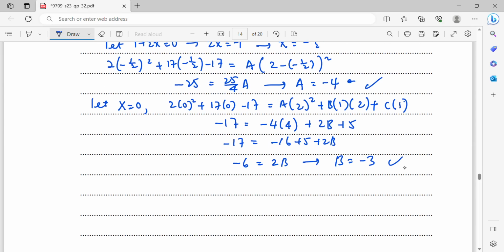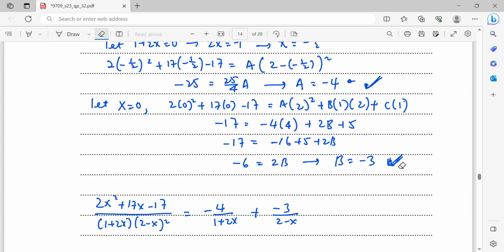Then I will get (2x squared plus 17x minus 17) over (1 plus 2x) multiplied with (2 minus x) squared. It will be a over the first factor, so my a is minus 4. Then plus b over 2 minus x, but we seldom leave our answer in this form, plus and minus 3.